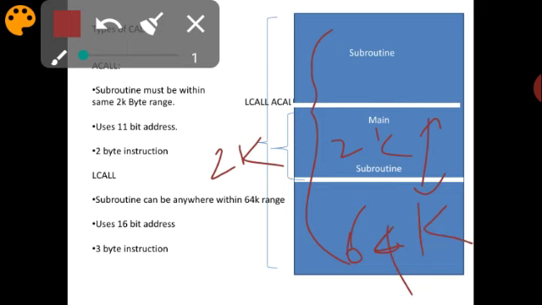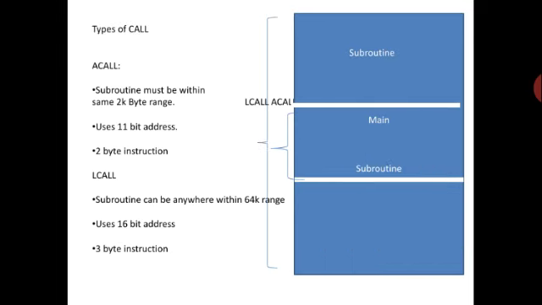So now, based on where your subroutine is, you call it ACALL or LCALL. If the subroutine is within this 2K range, then it is called ACALL. And if you have a subroutine anywhere in the 64K range, then it is called LCALL. Next we shall see the difference.